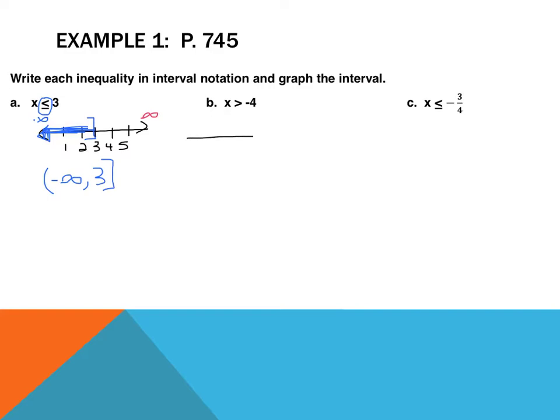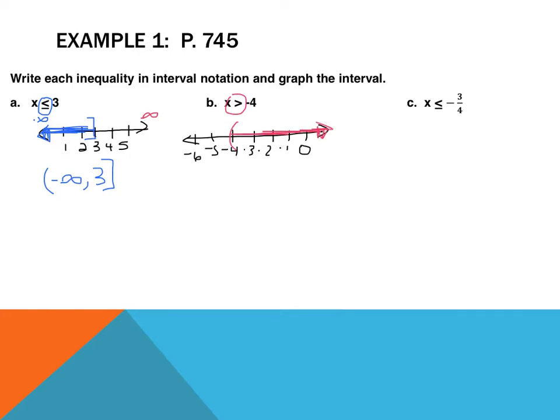Right, B, x is greater than or equal to negative 4. So x is greater than negative 4, that means that it's going to be a parentheses and shade greater, which is to the right.